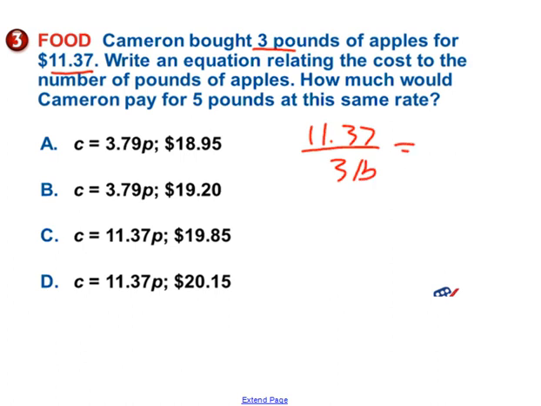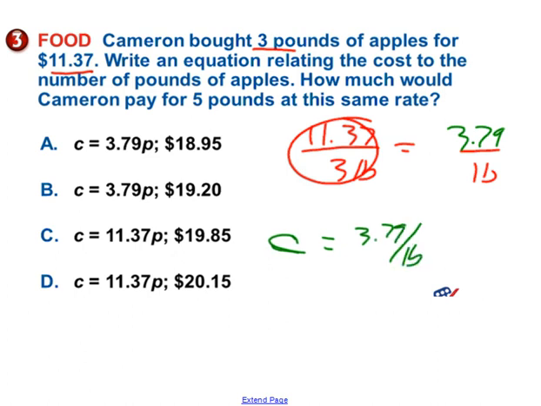I'm going to reduce that to the cost for 1 pound. I'm actually going to do this division here, $11.37. $3.79 per pound. So the total cost is equal to the price, which is $3.79 per pound, times the number of pounds.